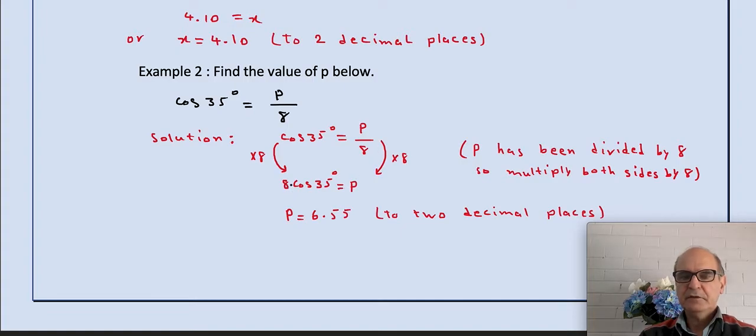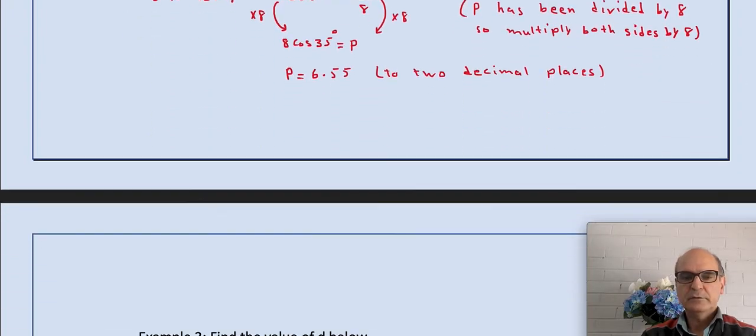There's a times here, but you don't need to write it. And that 8 and 8 cancel, so p is equal to 8 cos 35. Now type that in your calculator and give it to whatever decimal places they are asking. In this case, I have written 2 decimal places. So 8 times cos 35 becomes 6.55. So p is 6.55 to 2 decimal places.